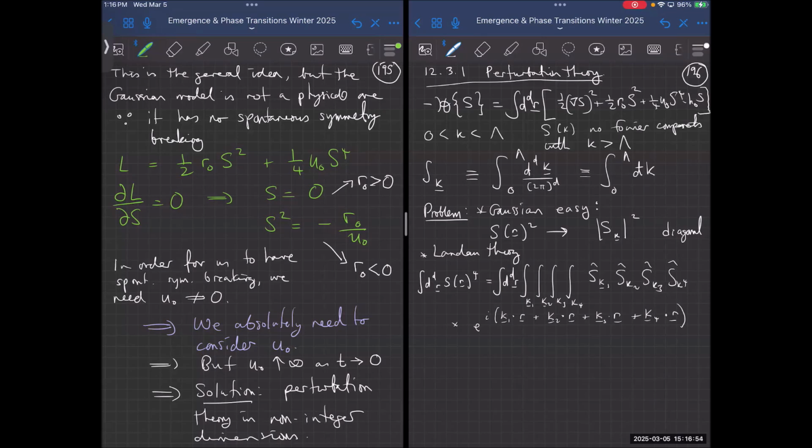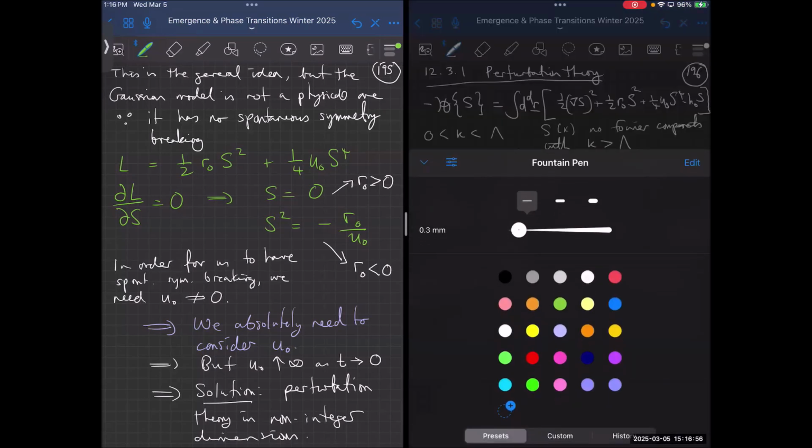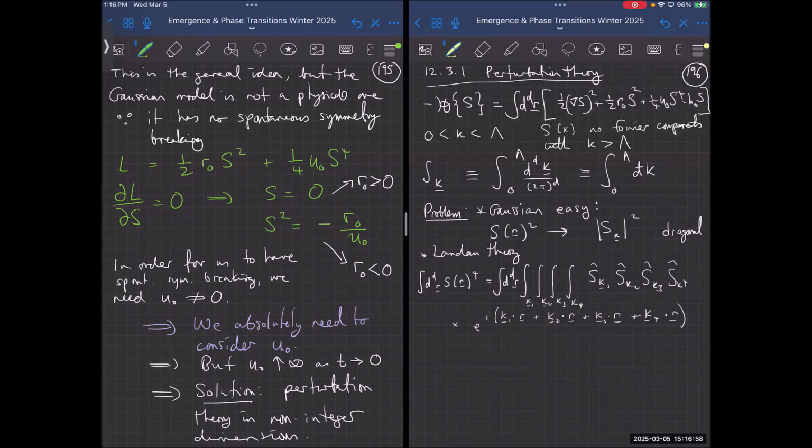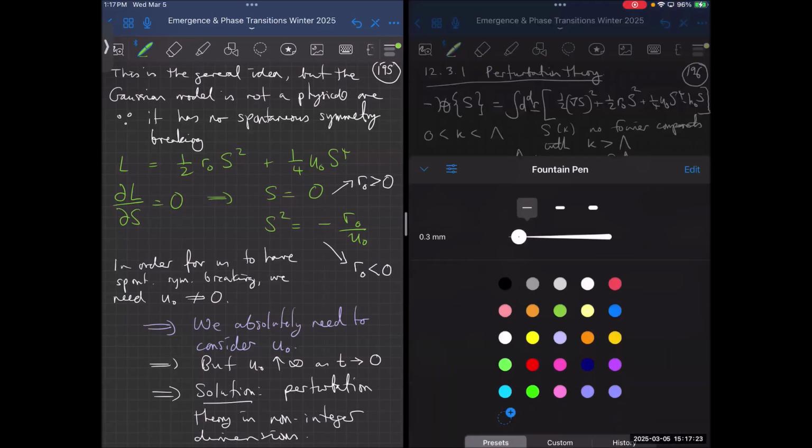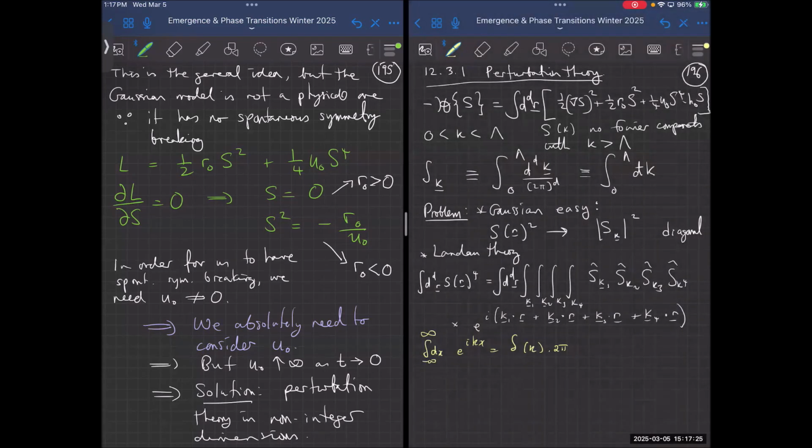Okay, now you'll remember that you learned on your mother's knee that the integral dx from minus infinity to plus infinity of e to the i kx is equal to 2 pi times delta of k. So does that delta look like a delta? No. Okay, so it looks like this. So let's have a look at what we get here.